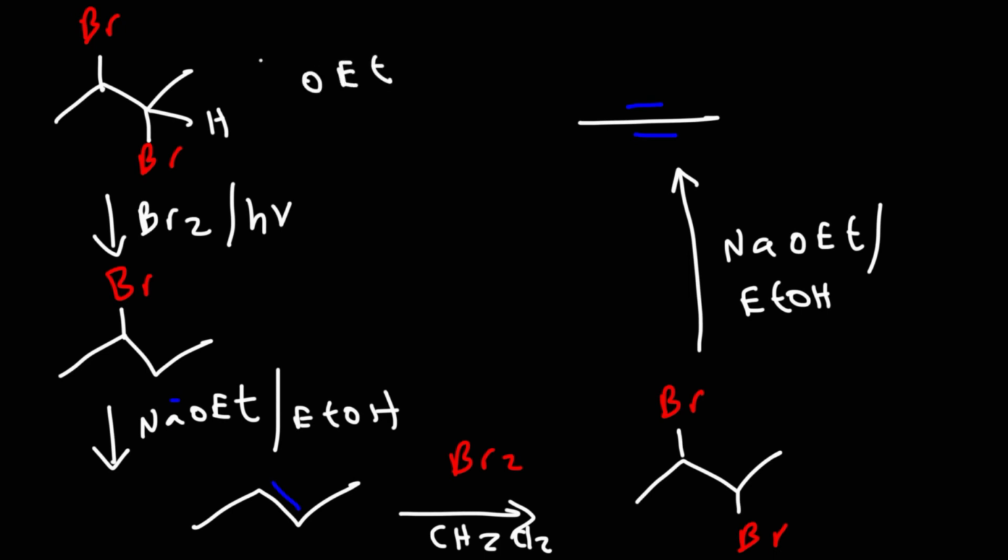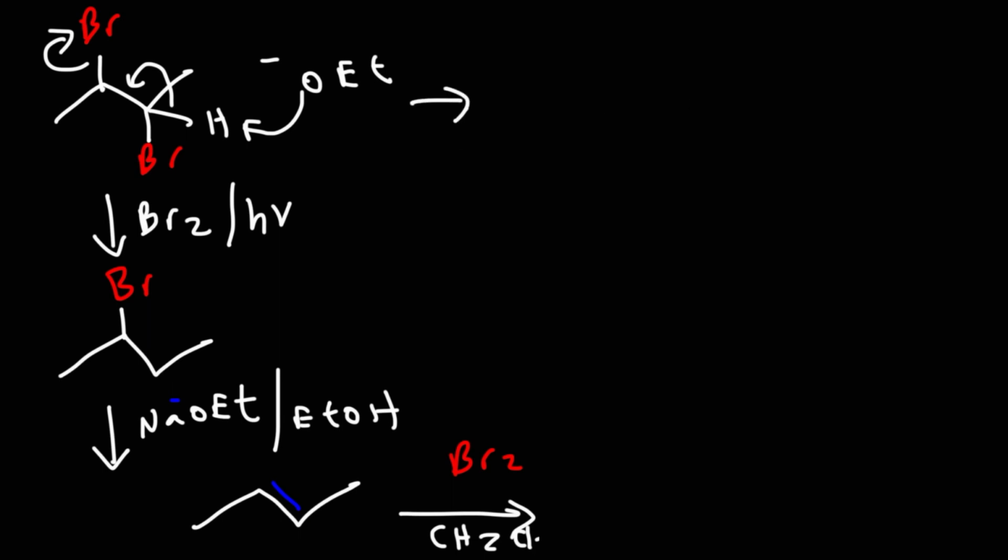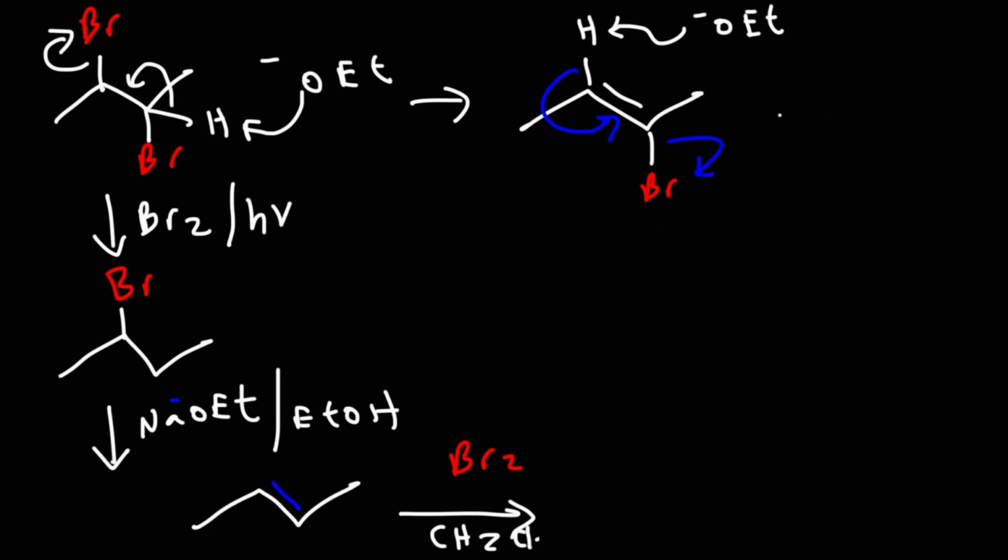The first ethoxide ion is going to be used to form a double bond, expelling the first bromine atom. Initially, we're going to get this. And then we could use this base again to abstract another proton. And that's how we can get butyne.